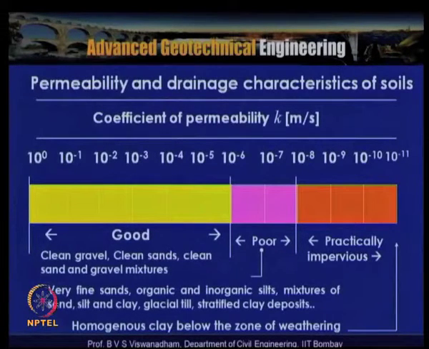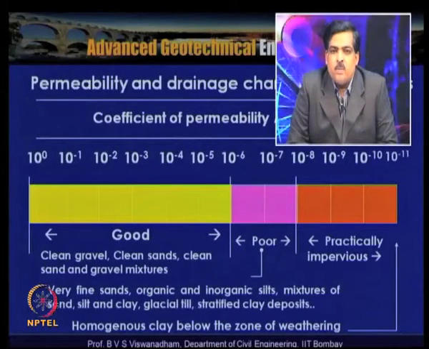The poor drainage characteristics are for soils having permeability in the range of 10 to the power of -6 to 10 to the power of -8 meter per second. This is possible for very fine sands, organic and inorganic silts, mixtures of sand, silt and clay, glacial till, and stratified clay deposits.